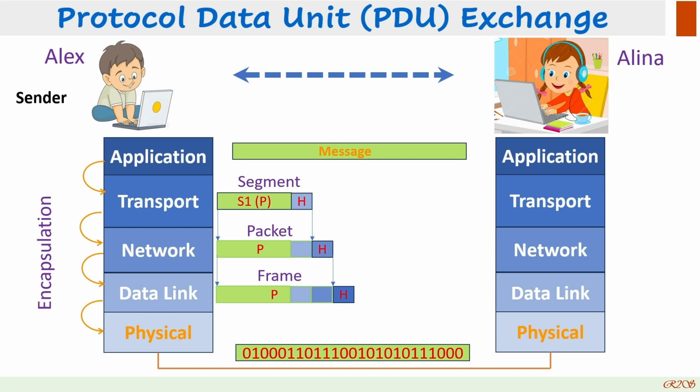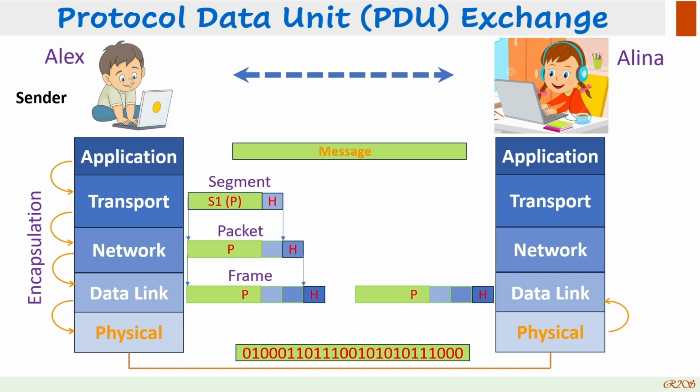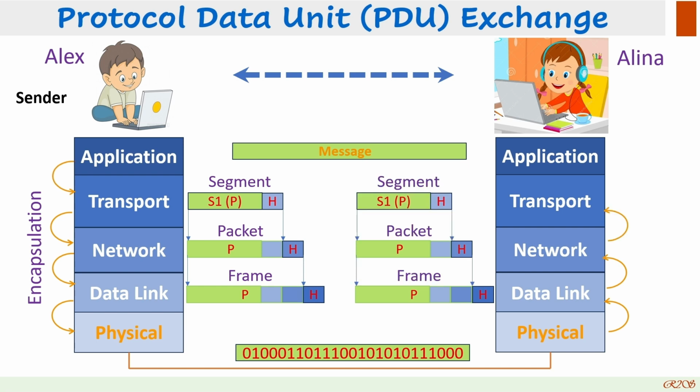Now consider these frames or bits ultimately reach Alina's laptop. In Alina's laptop, the physical layer forwards this to the data link layer, and the data link layer looks at the whole frame, strips off the header, and forwards it to the network layer. Same thing, the network layer looks at the packet, strips off the header, and forwards it to the transport layer.